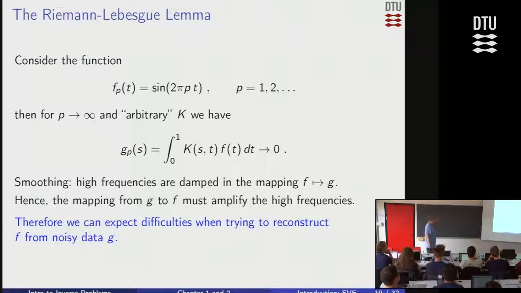You could do a spectral decomposition, and then again you see that it's the higher frequencies that are damped more. So we probably expect that when we do a reconstruction, it should be more difficult to reconstruct those high-frequency components because they are damped very much in the forward computation.